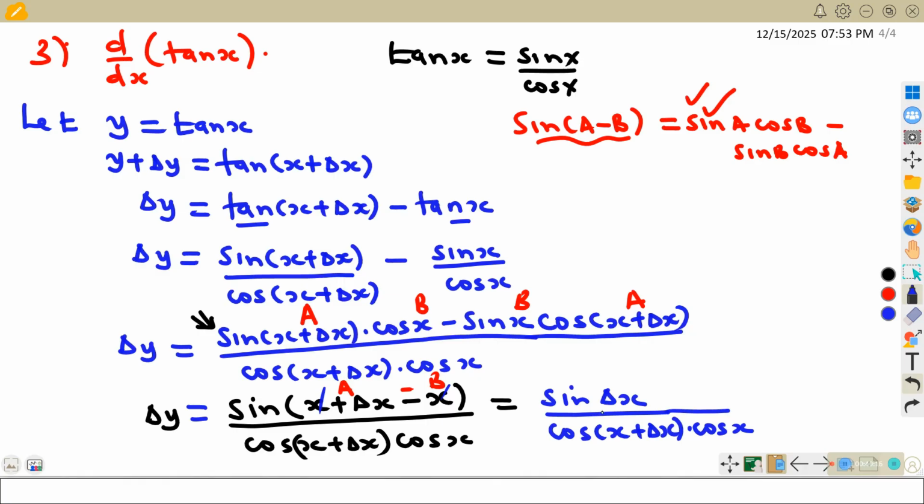From this given point, if you recall very well, we said if delta x is a very small angle which can be measured in radians, then this sine of delta x will be approximately equal to delta x. So that is the assumption that we shall take after this given step.